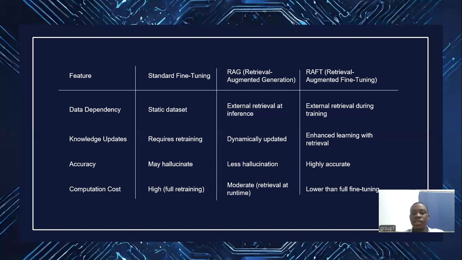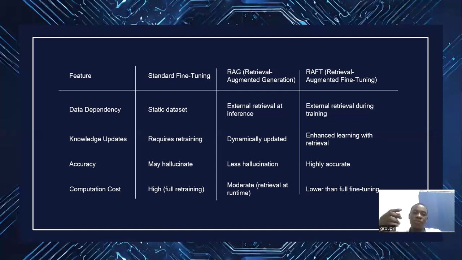Then for a standard fine-tuning, this is where the model is retrained over and over. It will just have a static dataset, meaning it will only give you information from its knowledge base. Then knowledge updates: for a static fine-tuned model, like the normal machine learning models, it will require retraining.